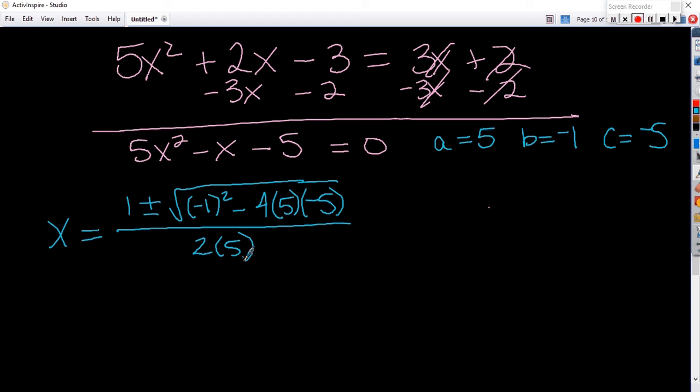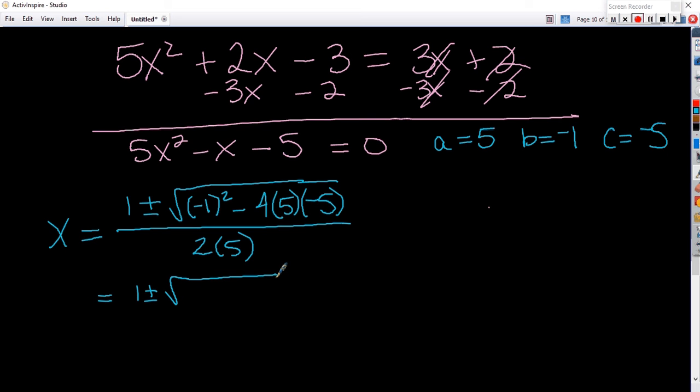Okay. Now, any negative number squared becomes what? Positive. Don't worry about negative.